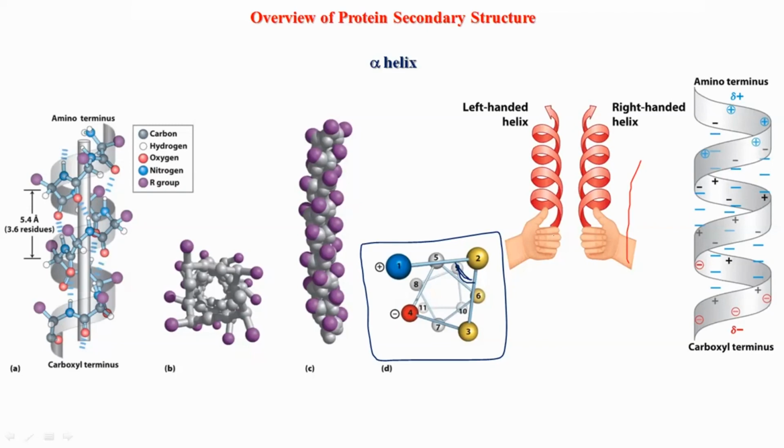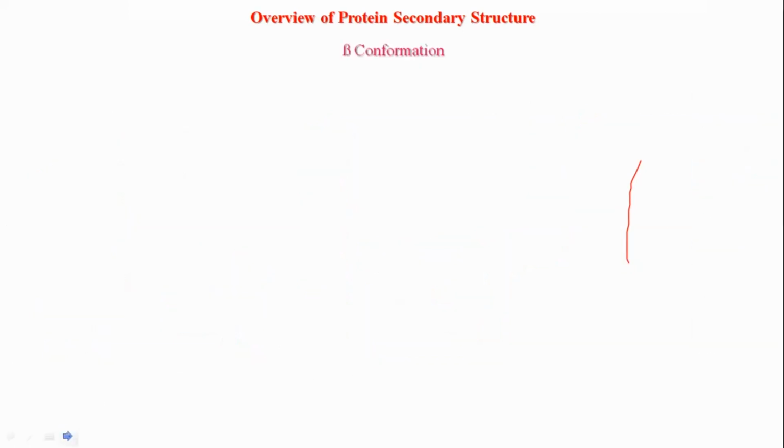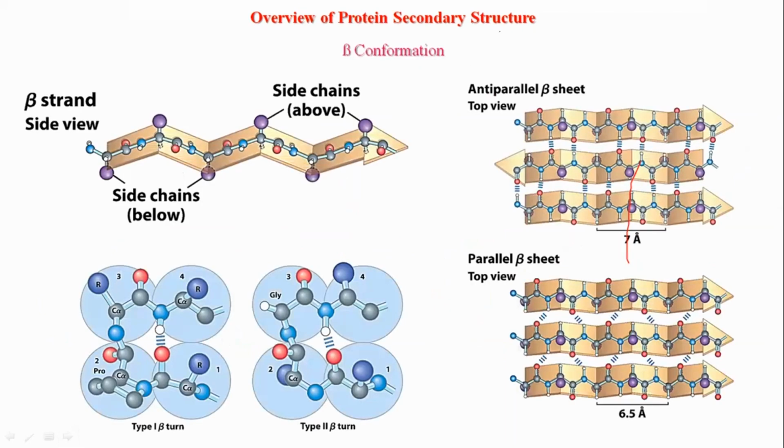Based on the angles, we can say the rotation of the secondary structure of the proteins. In the case of beta conformation, it will fall in the top left quadrant, because the angle between the sheets, from one amino acid to another, beta carbon to alpha carbon, the phi and psi angles will be near 180, right?